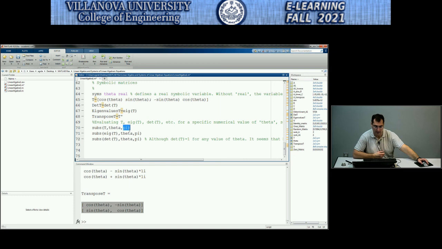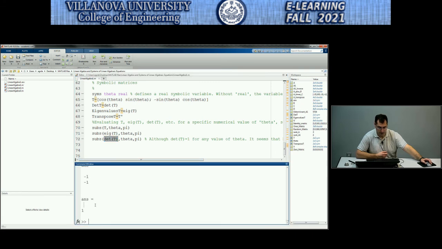Let it be pi. Same thing in the eigenvalues and same thing with the determinant. So you get this. So see, MATLAB does compute that determinant to be equal to 1 for a specific value of theta, but again, in a symbolic structure, it doesn't know that sine squared plus cosine squared is equal to 1. Okay.